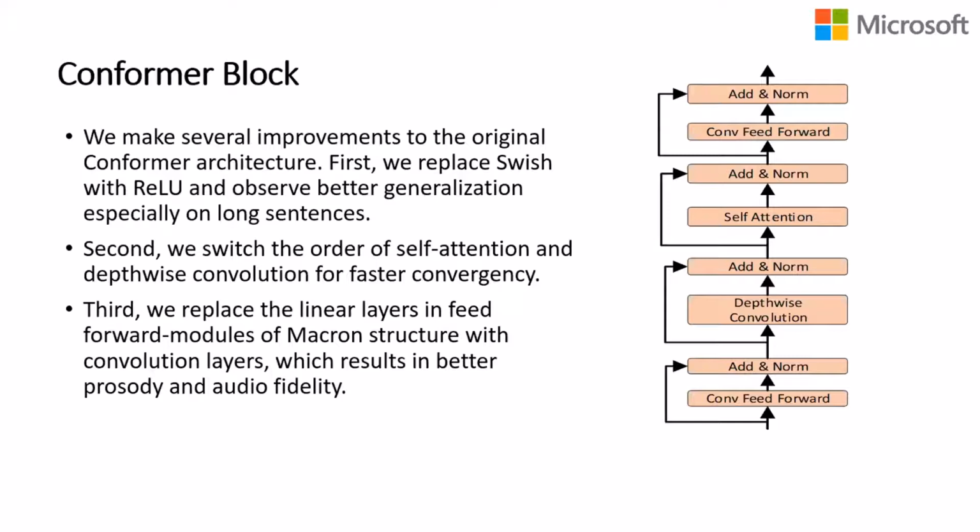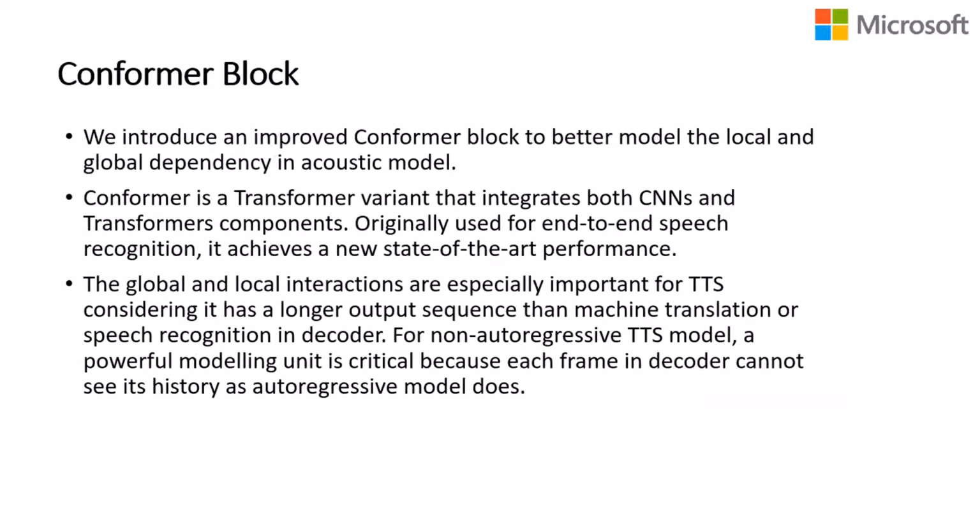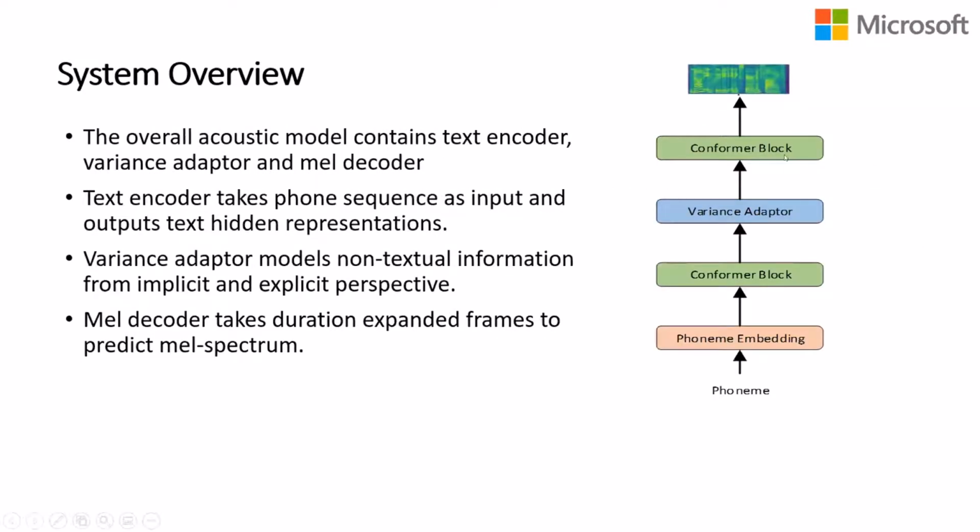And we didn't use the Swish activation function; we replaced it with ReLU, which we found better in TTS. So this is the basic block for the encoder and decoder.